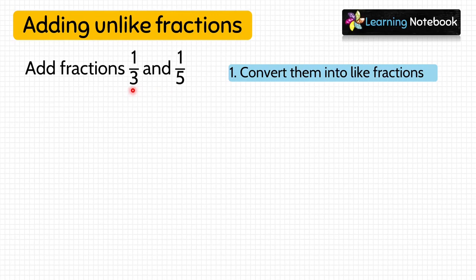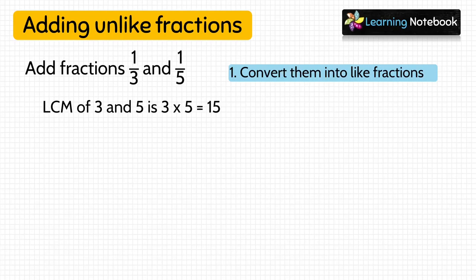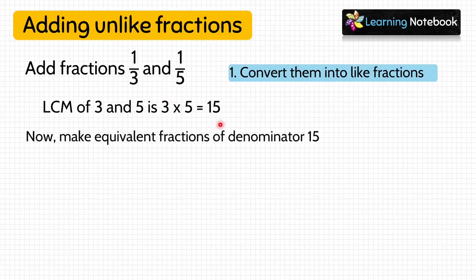So LCM of 3 and 5 is 3 into 5 equals 15. Now we will convert these unlike fractions into equivalent fractions of denominator 15. First unlike fraction is 1 by 3.